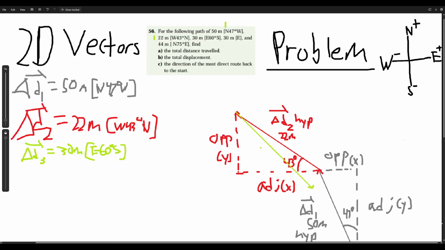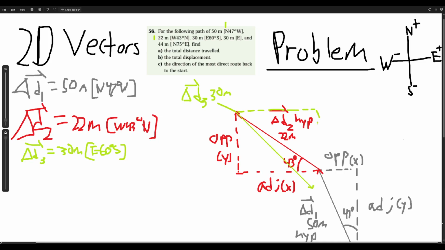We can label this up here. Displacement 3, 30 meters, and we know it's 60 degrees south of east. It's going down there, so let's just label our axes again.